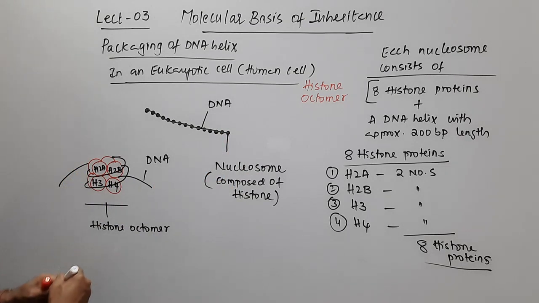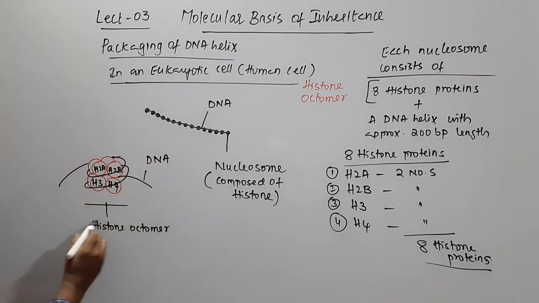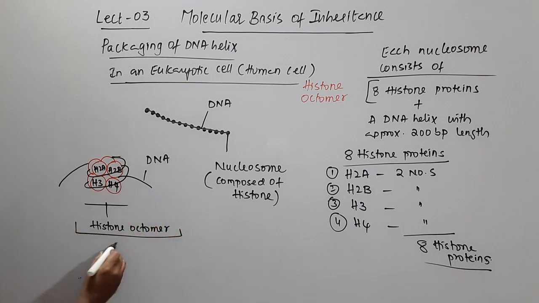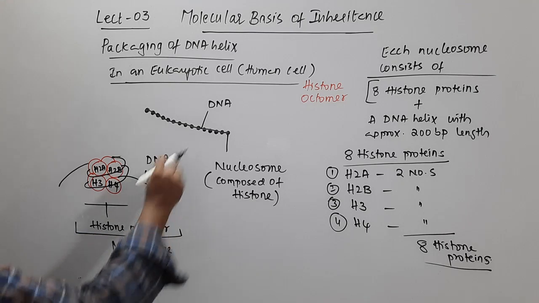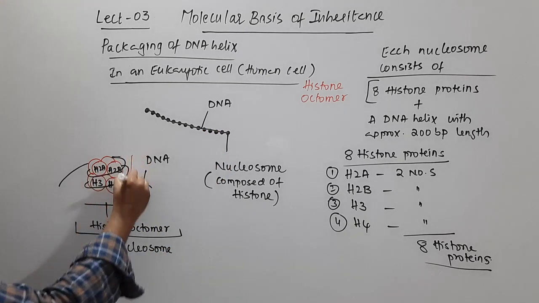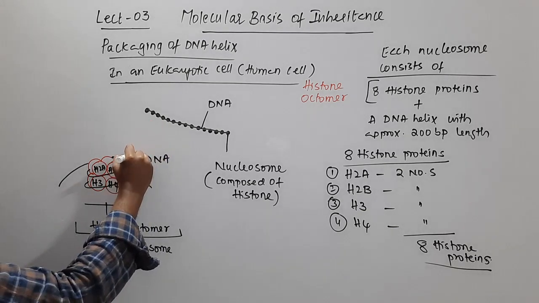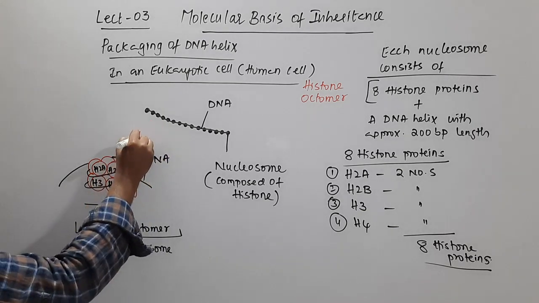This DNA and this histone octamer all together will form the nucleosome. It's that nucleosome what we see here. And outside this nucleosome we find another histone protein, and this is H1 histone.